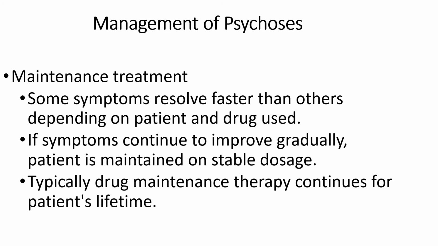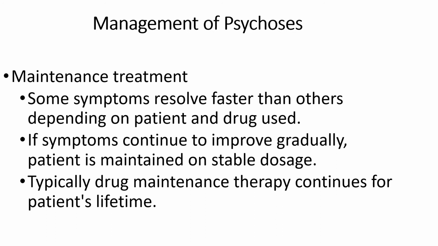Okay, so maintenance treatment, typically patients need to take this for life with schizophrenia to control the symptoms of hallucinations and delusions. So those symptoms can usually be controlled more quickly than some of the negative symptoms that I mentioned before.